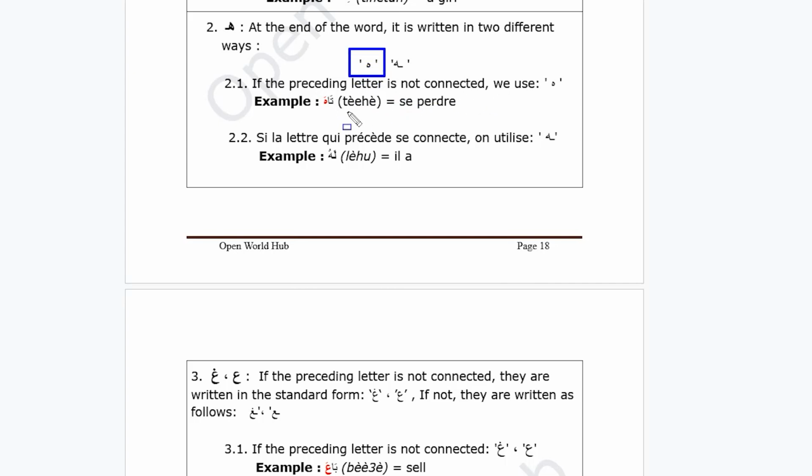For example, here we have the sign of elongation of A, which is always not connected, so I will write A like this. Then we have the letter L, which is connected to the next letter, so I will write like this form. Almost the same rule as T.